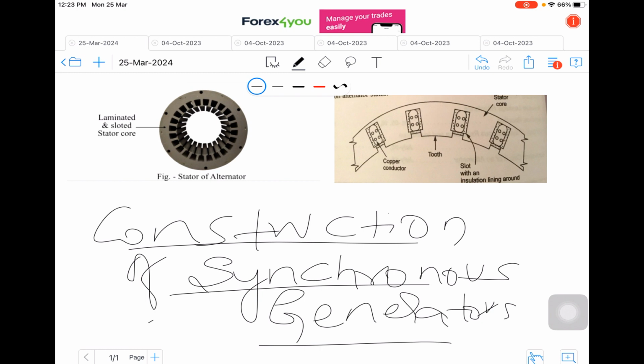So in your synchronous generator, there is no commutator or brushes as used in the DC generator. The slip ring and brush assembly used in the DC generator will not be available in AC generators.